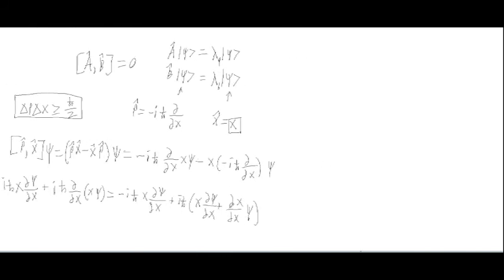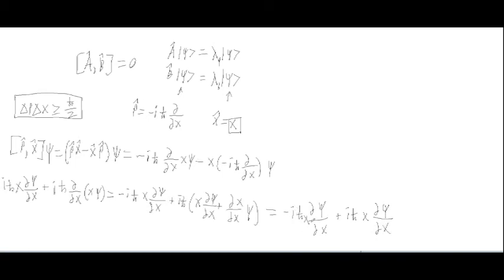This here is going to be equal to 1, and so what we have is minus i h bar partial of psi with respect to x plus i h bar x times partial of psi with respect to x plus i h bar x partial of psi with respect to x.